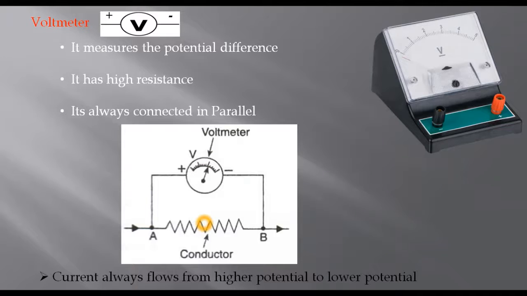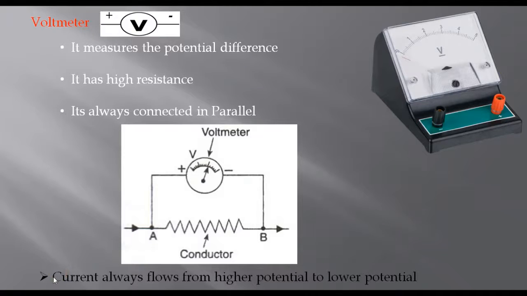So the voltmeter is always connected in parallel, and has high resistance. One more thing, potential difference has another name, that is voltage. So basically the voltmeter measures the potential difference, or you can say the voltmeter measures the voltage.